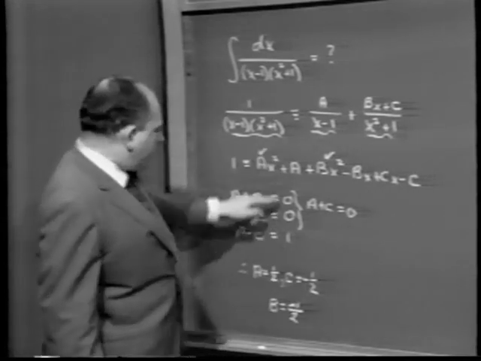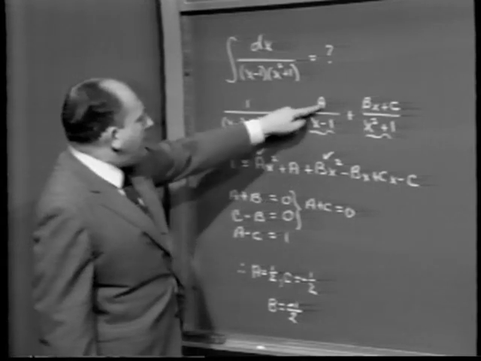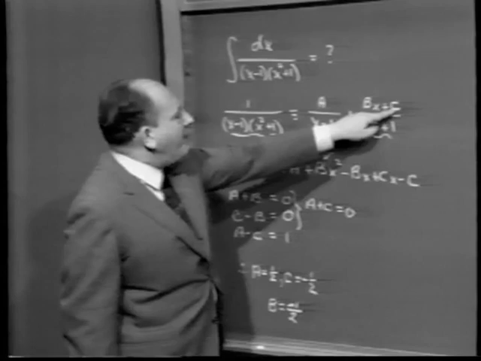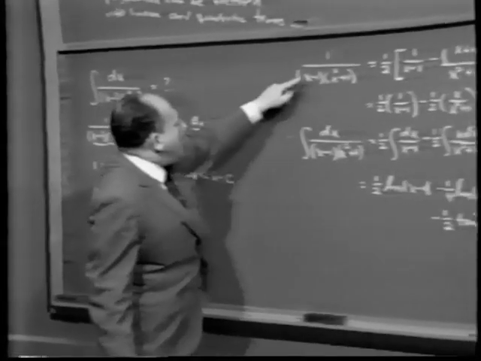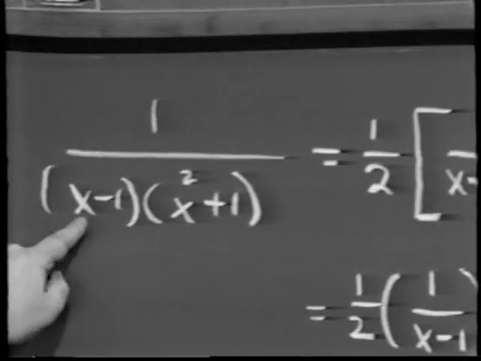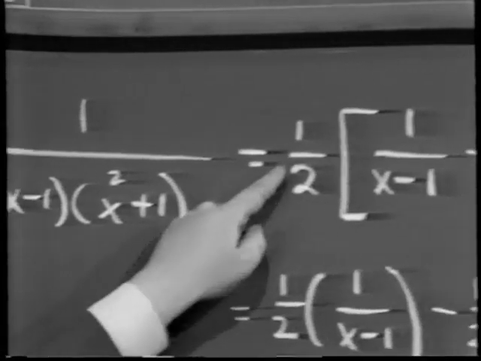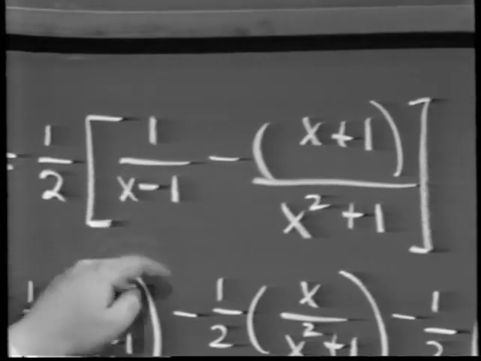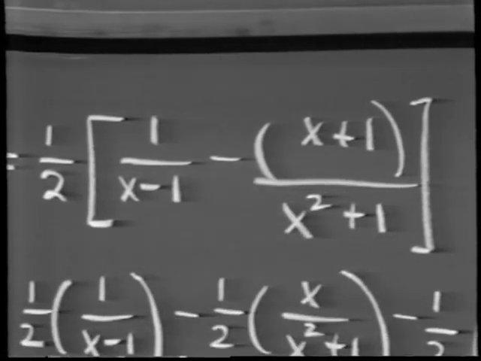In fact, doing this now in more detail, if I replace a by a half and b and c each by minus a half, then I factor the 1/2 out. What I've shown is that 1 over the quantity x minus 1 times x squared plus 1 is equal to 1/2 times the quantity 1 over x minus 1 minus the quantity x plus 1 over x squared plus 1.